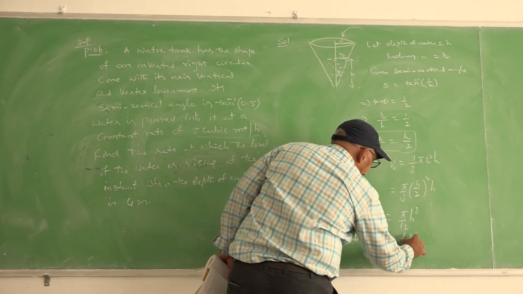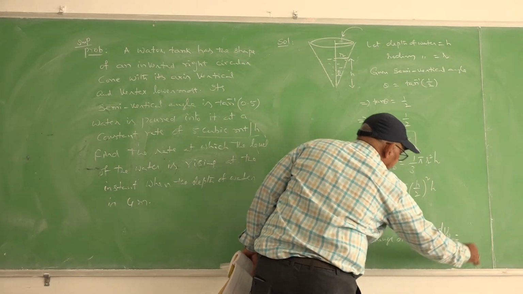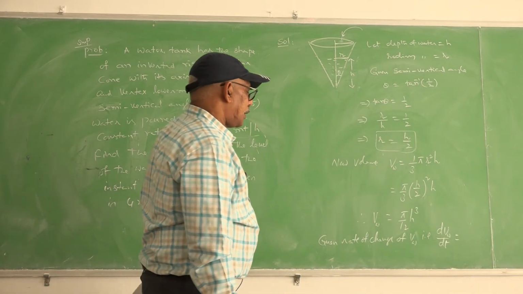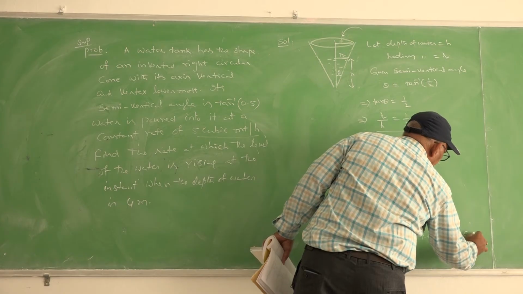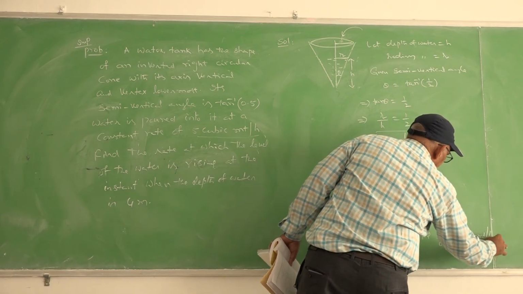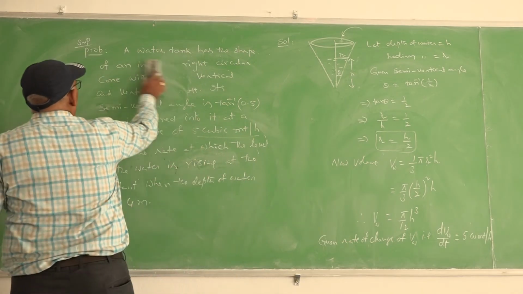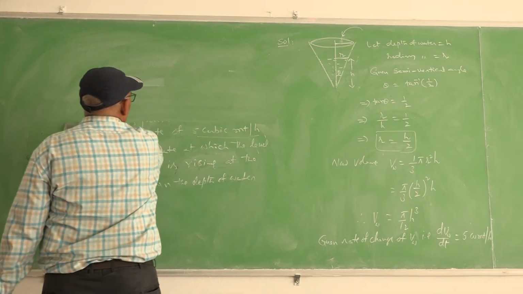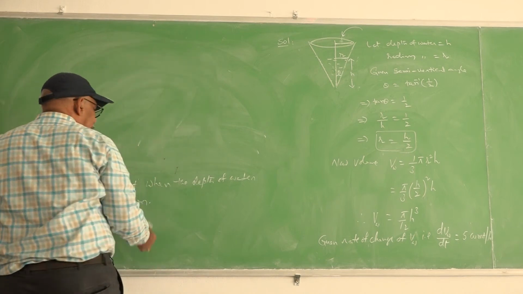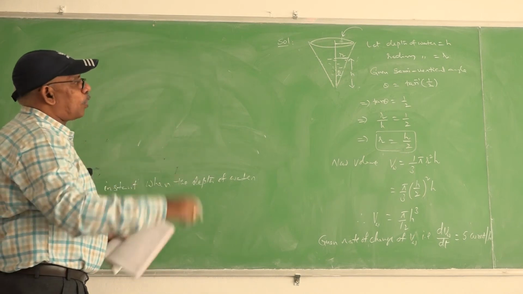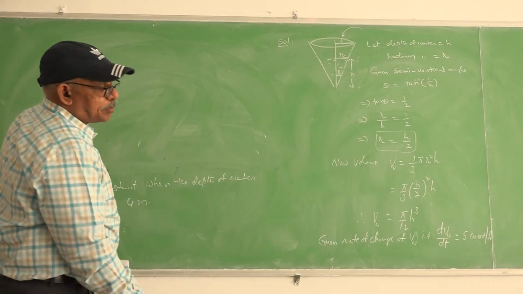The rate of change of Vw, that is dVw by dt, is given as 5 cubic meters per hour. Now we need the rate of change in the height of the water, the depth of the water, at the instant when the depth is 4 meters. That means when h is 4 meters, you have to find dh by dt.